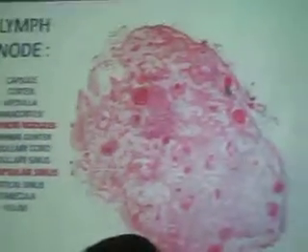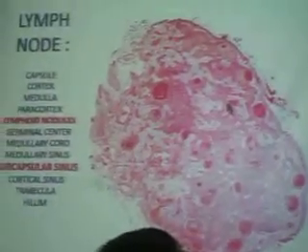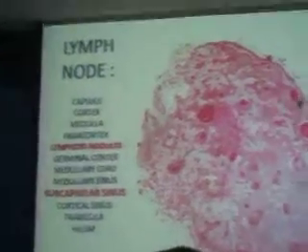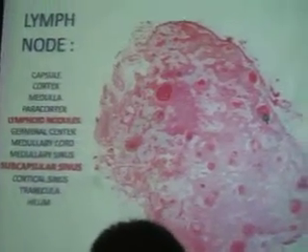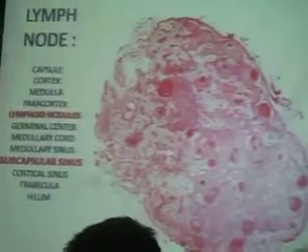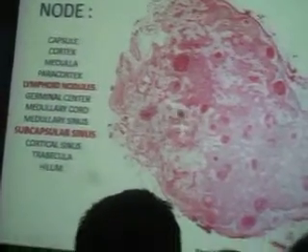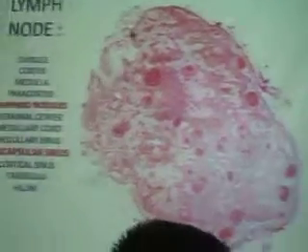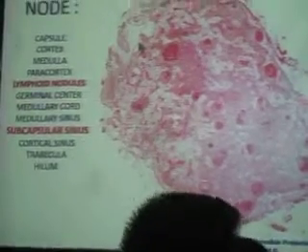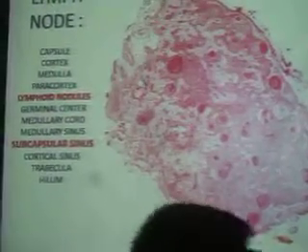We have the capsule, the cortex area, the medullary area, and then of course the paracortex, lymphoid nodules, germinal center or germinative center, and then of course, medullary cord, medullary sinus. So again, you have the hilum. So these are the things that you have to know about lymph node.